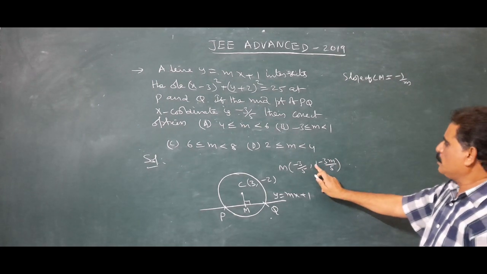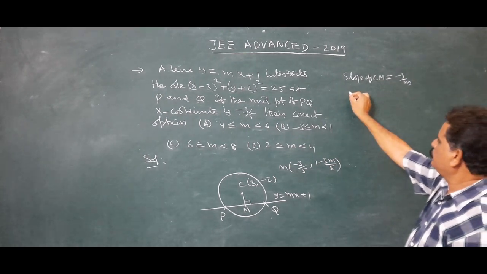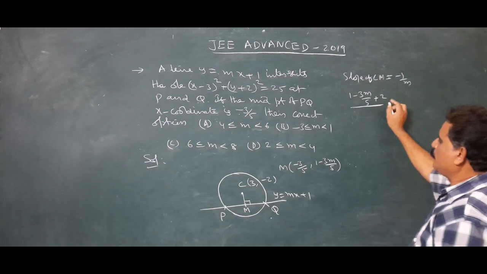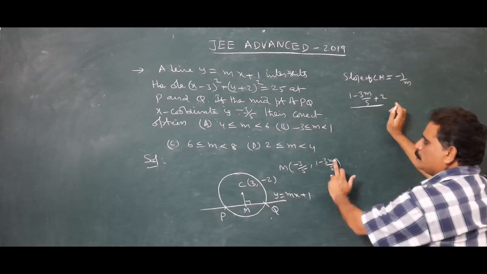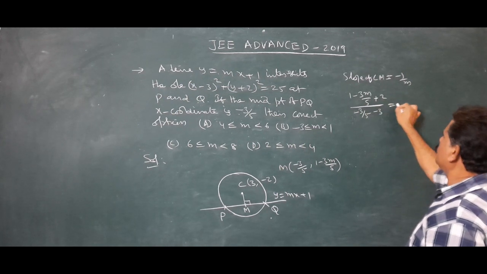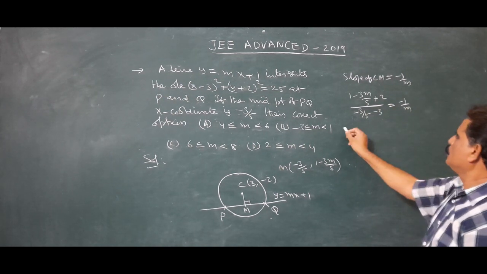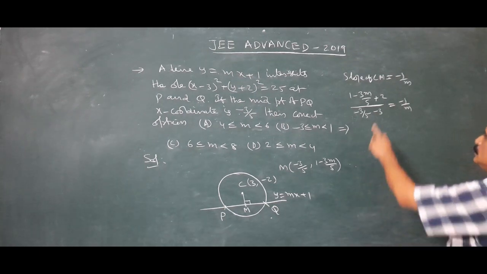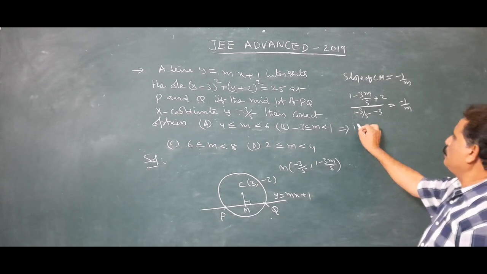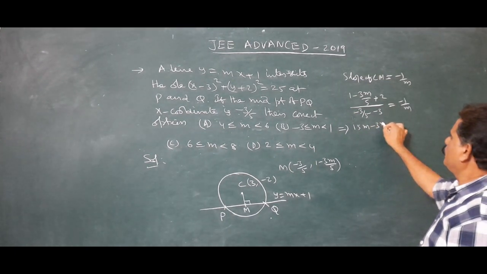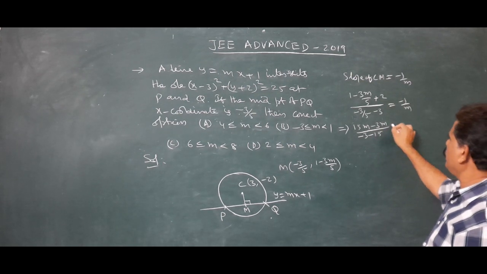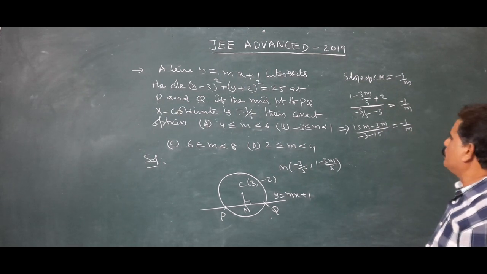That means (1 minus 3m by 5, plus 2) by (minus 3 by 5 minus 3) equal to minus 1 by m, which implies (2 plus 1 is 3, 3 into 5 is 15 minus 3m) by (minus 3 minus 15) equal to minus 1 by m.